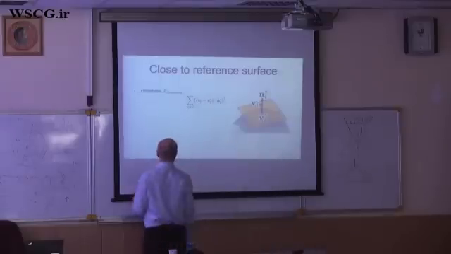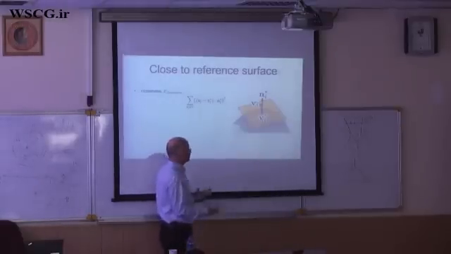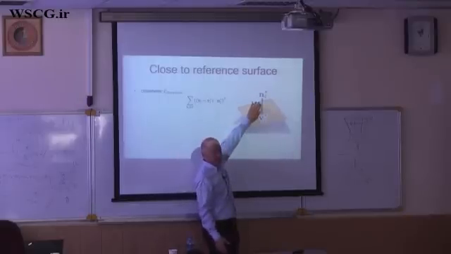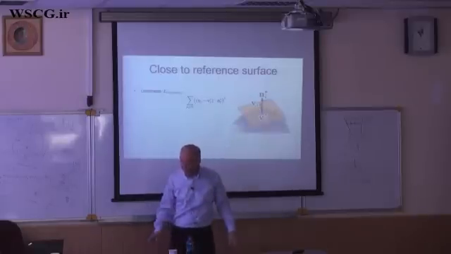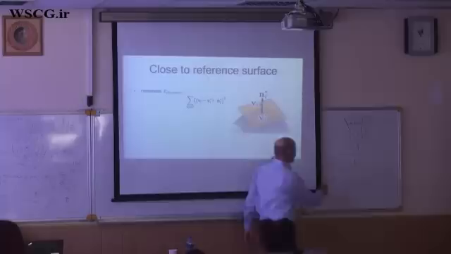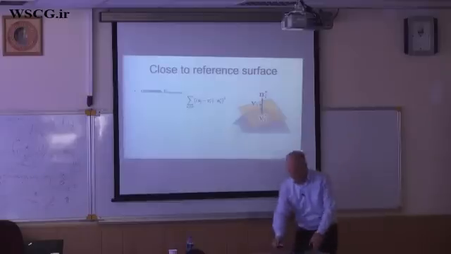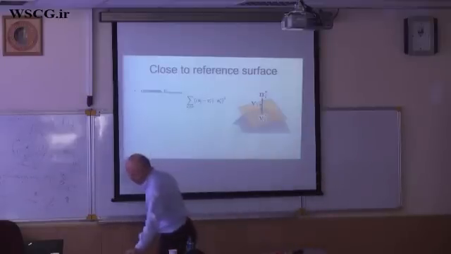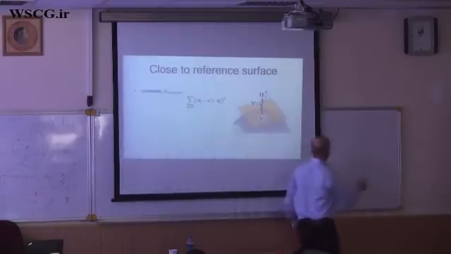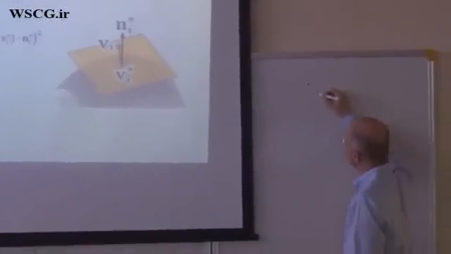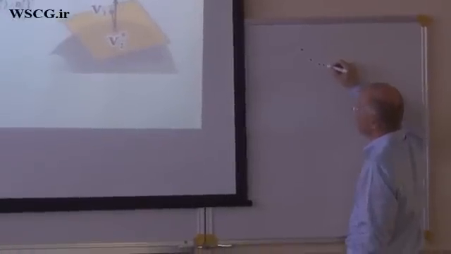Assume that we have our current location of the vertex Vi, is not this one, is somewhere. Then we compute, maybe I draw it also here, the closest point. During this iteration, this algorithm, we will have a vertex originally in this position, and during the optimization it will change.